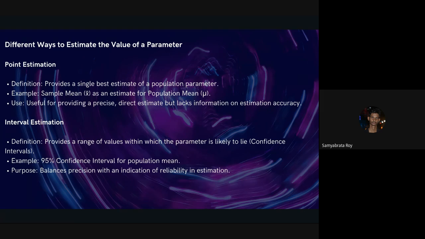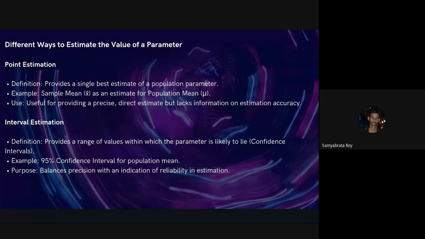But is there only one way to do that? No. There are three different ways to estimate the value of a parameter. Okay. Can anyone tell me what the ways are? Like obviously one of them is hypothesis testing, which we are going to explore.